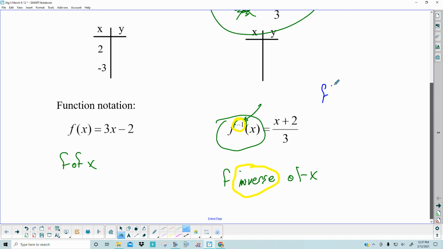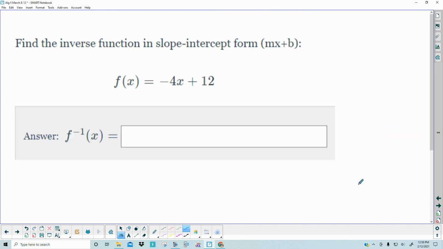The inverse is written with a negative 1 looking thing in between the name of the function and the variable. So g inverse of x, p inverse of m. These would be inverses of the original function p and the original function g. All right. This says, find me the inverse.